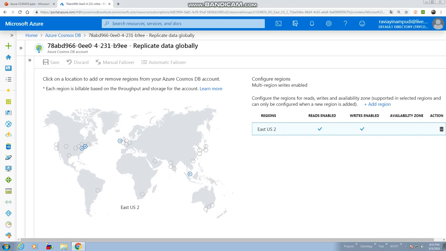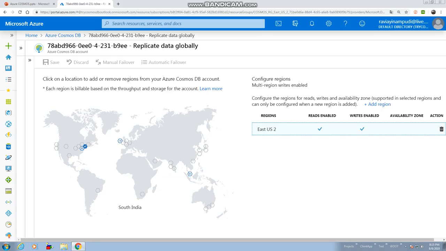So let's discuss multiple read regions. Assume I have one database at East US 2 and another database at South India. When I make a transaction, I hit my primary database at East US 2 and get that data committed, but I want that data to be replicated in the South India data center.